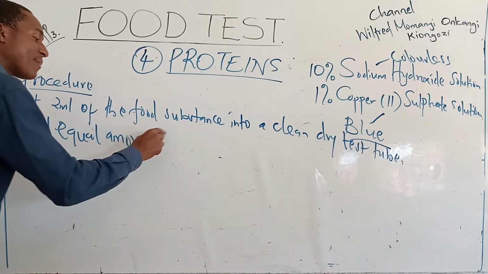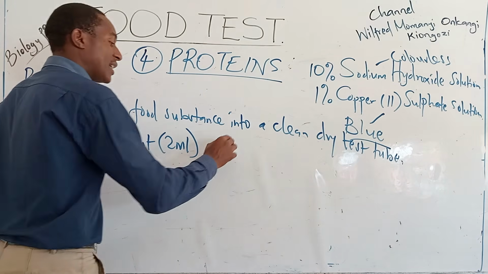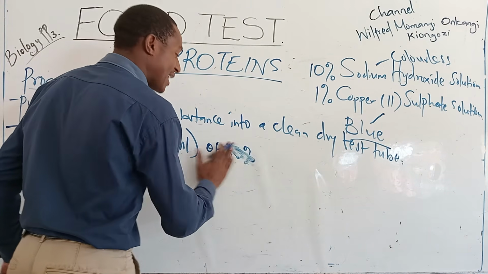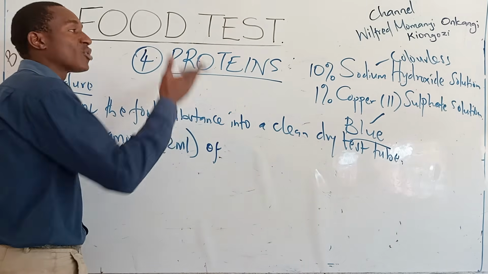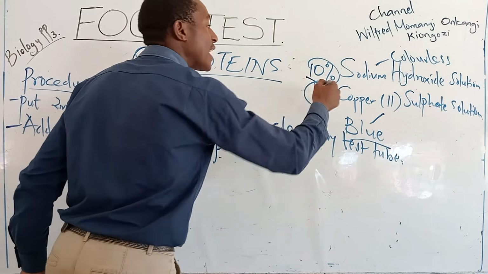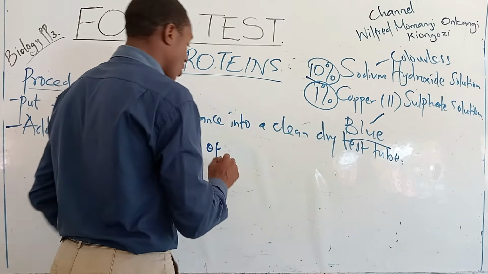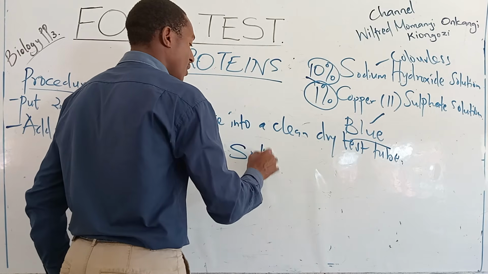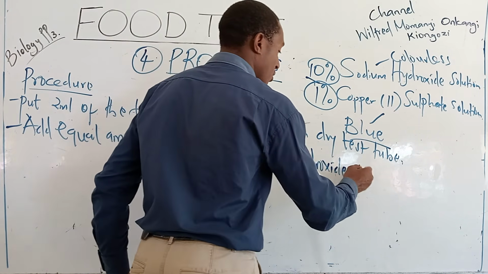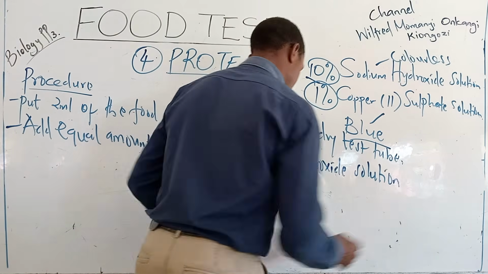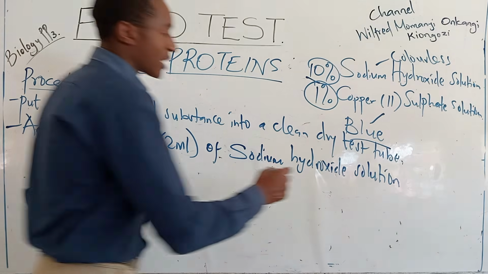So equal amount here means 2 ml of sodium hydroxide of 10%. But now, it depends whether it has been indicated in the question or not. If it has not been indicated, please don't indicate these percentages if they are not indicated. Add equal amount of sodium hydroxide solution into that test tube, and of course shake.